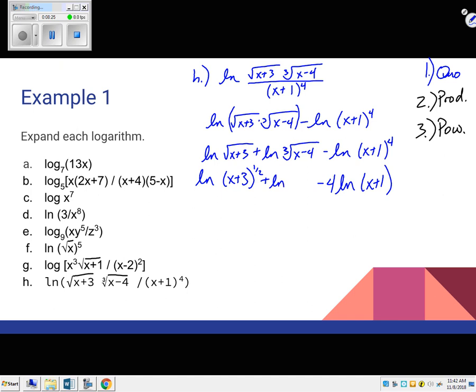So that means the cube root would be to the 1/3 power. So square roots, cube roots, fifth roots, 10th roots, whatever roots you have on this, change them to these rational exponents, and that's going to help you get this expanded out the entire way.